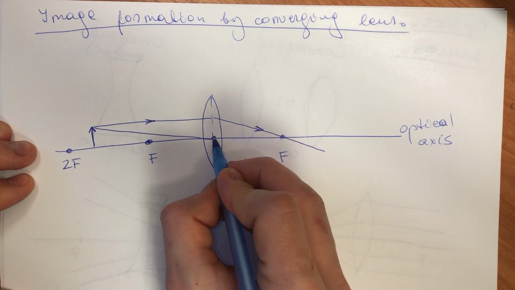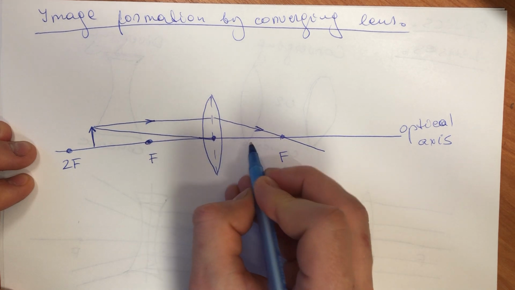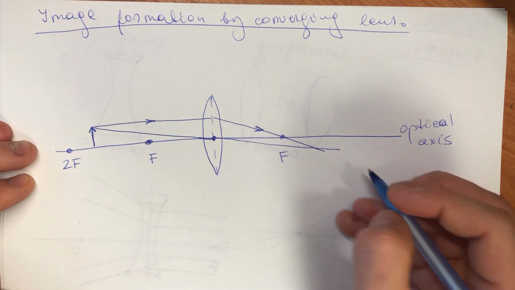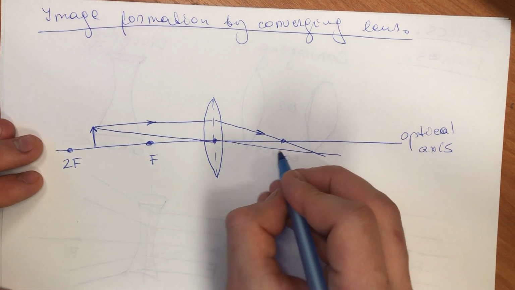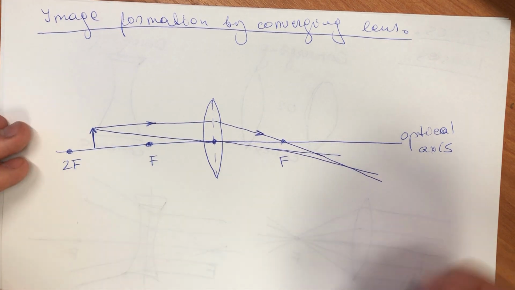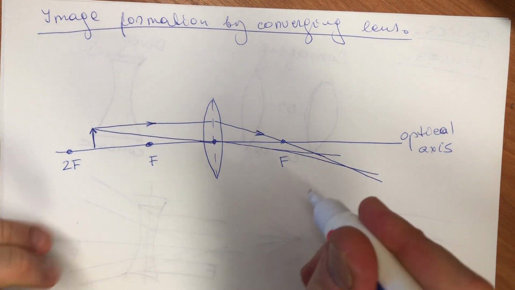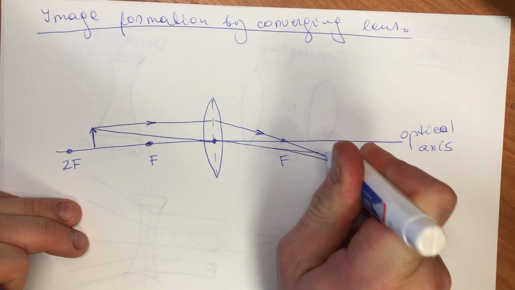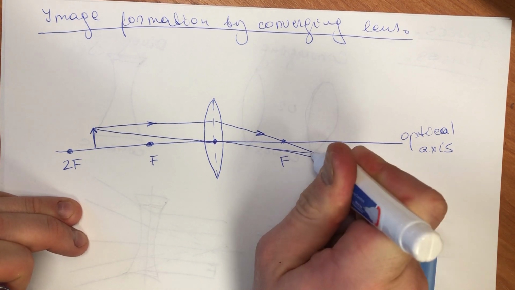The light ray that goes through the optical center of the lens is not bent, and it goes like this.